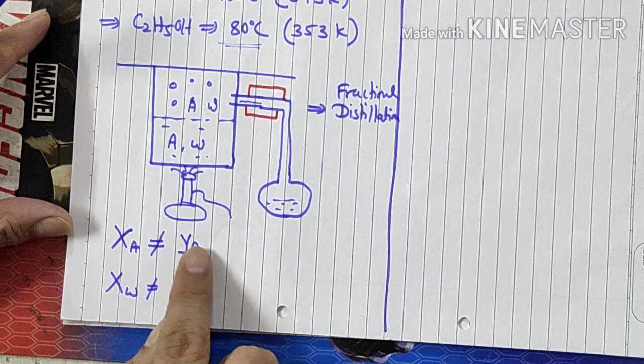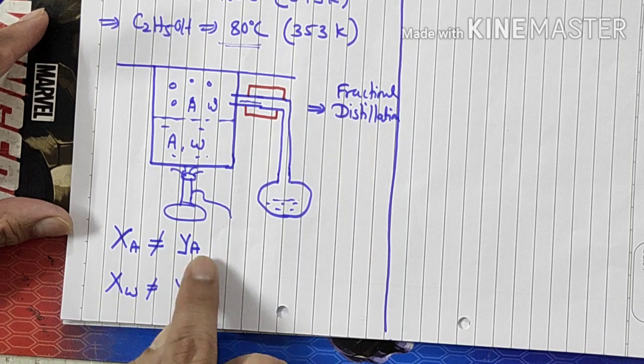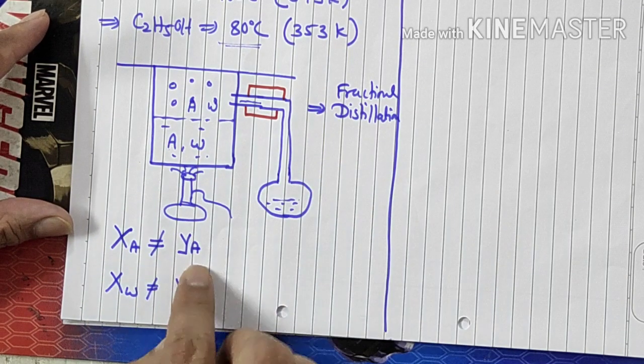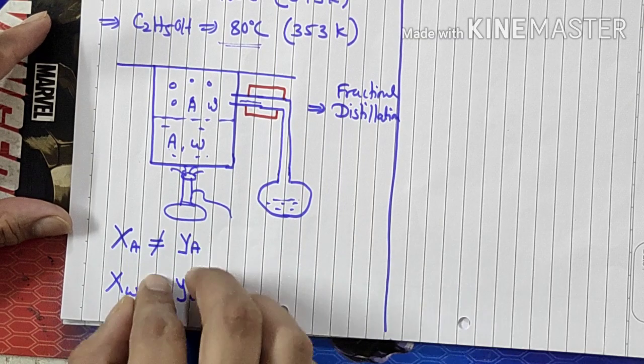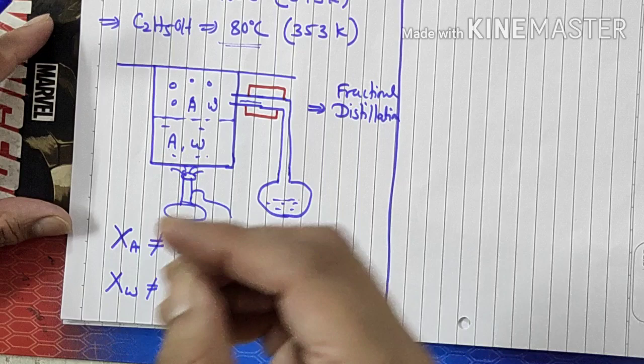So if the mole fraction of XA and YA is same, then we cannot separate them, and if we can't separate them, then that mixture will become azeotropic mixture.